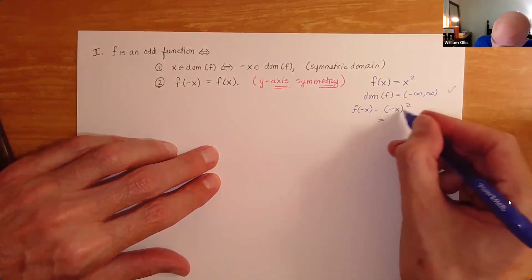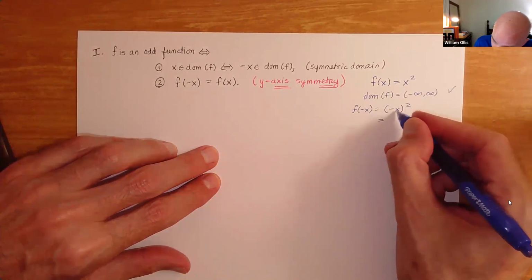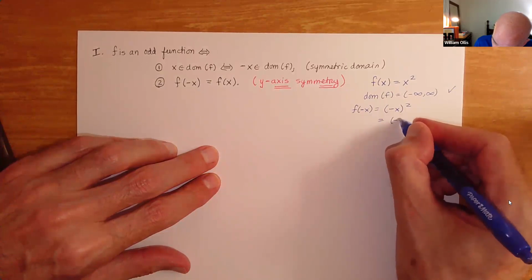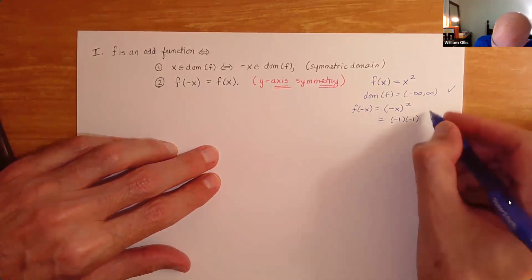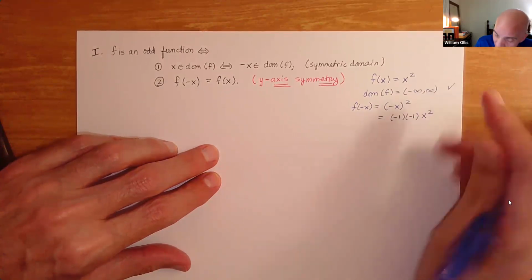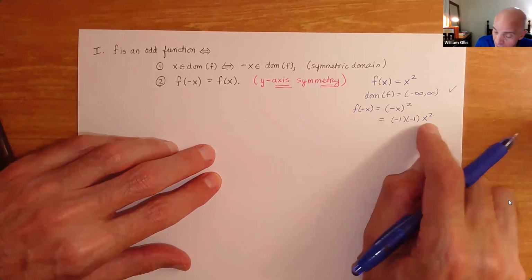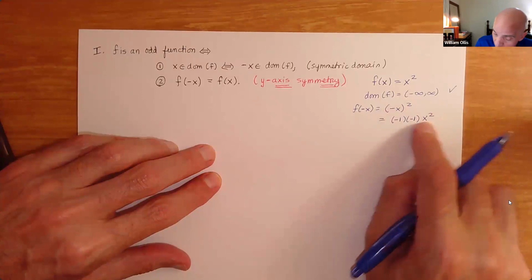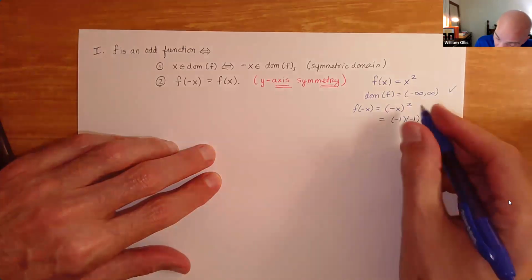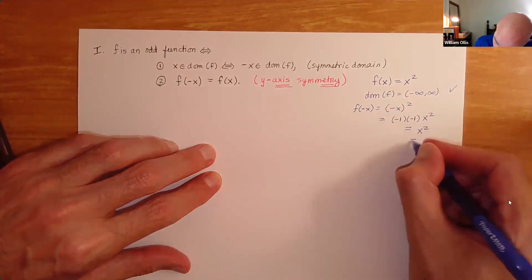You can think of this as a -1 times a -1 and an x squared. The negative x is just -1 times x, and a -1 times an x. The x times the x is the x squared, and the two negatives absorb because of our properties of real numbers. So this is indeed f of x.